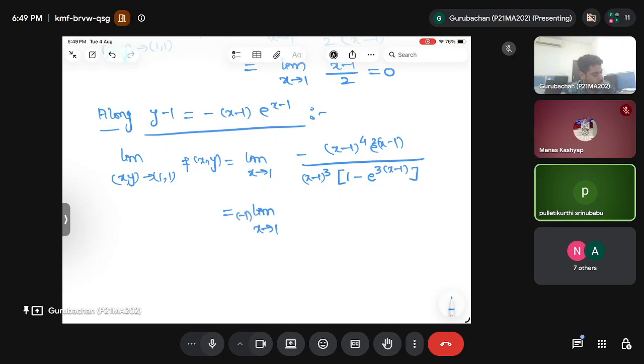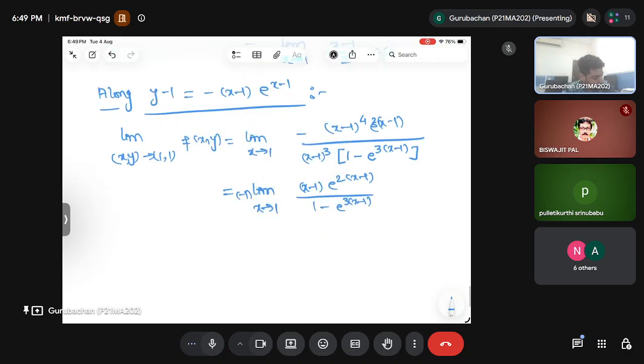So this will be e to the power 2 times (x minus 1), and obviously there is an (x minus 1) here, divided by 1 minus e to the power 3 times (x minus 1). Is this any kind of indeterminate form? 0 by 0. So what you have to do? L'Hopital.